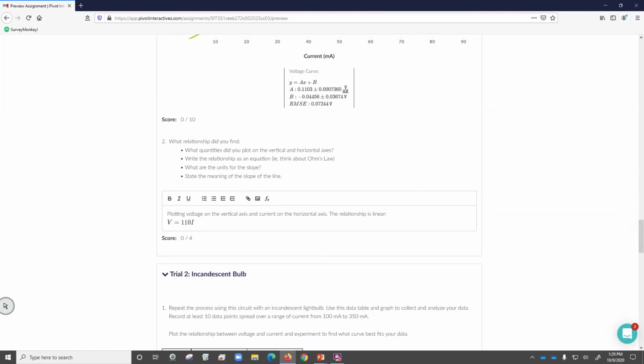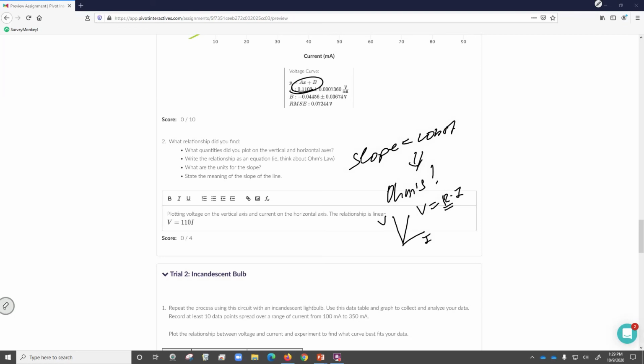And from the slope, because you see the linear dependence, the slope is constant, hence Ohm's law can be applied, works. So for this graph, for the voltage as a function of current, the slope not just represents, equals resistance, and your slope comes from the fit and you get your number.